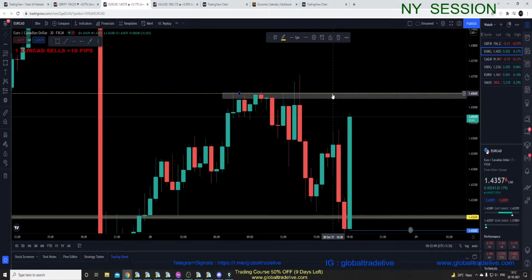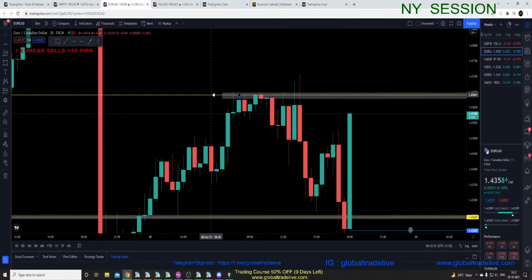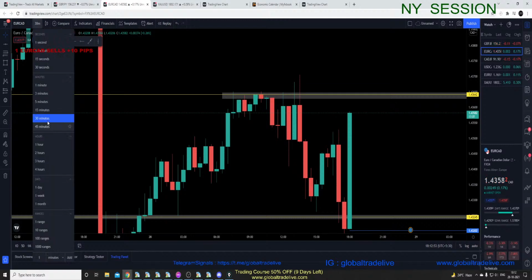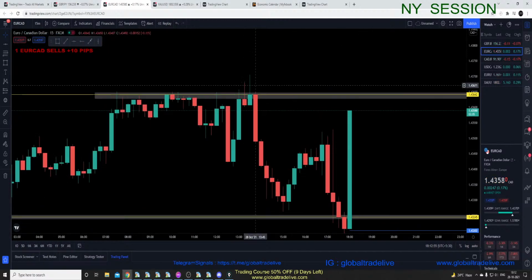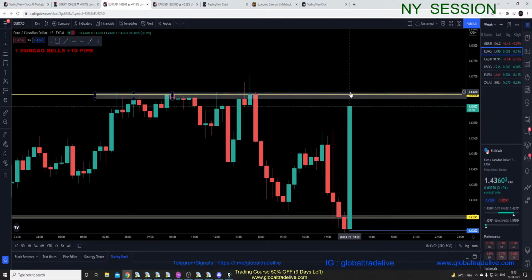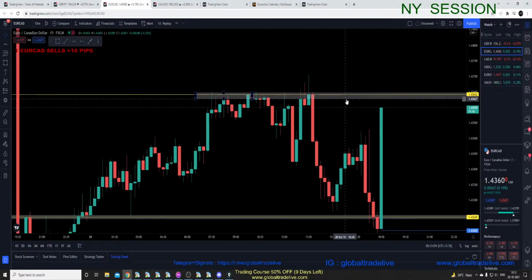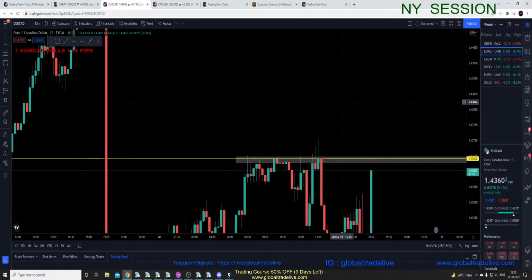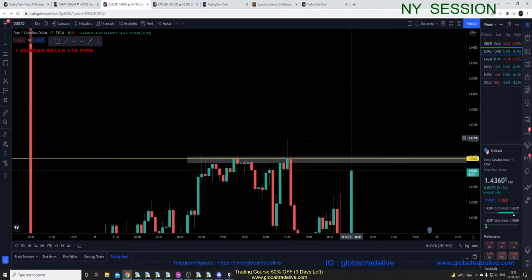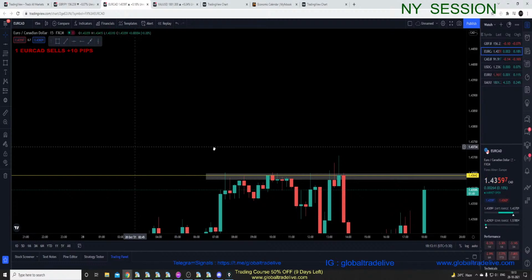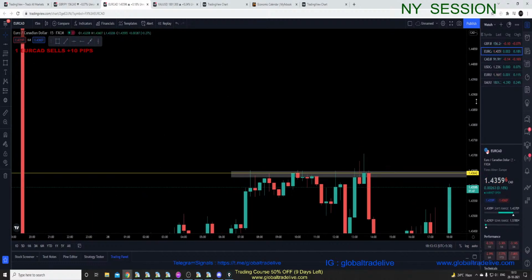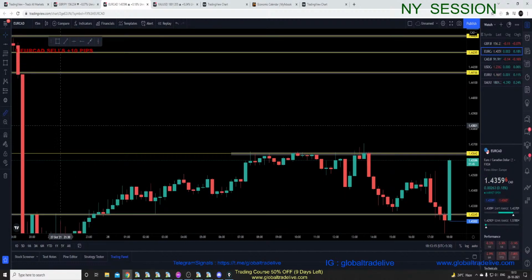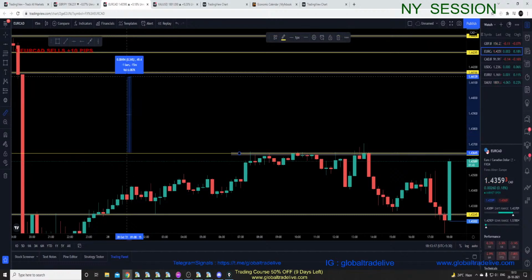So the 15-minute candle is about to close. I'll be watching the 15-minute candle here. It has 2 minutes left to close. If this 15-minute candle closes above 1.43642, at the next 15-minute candle I'm gonna take the trade, because we have this extremely good clean range, and the range is 50 pips.